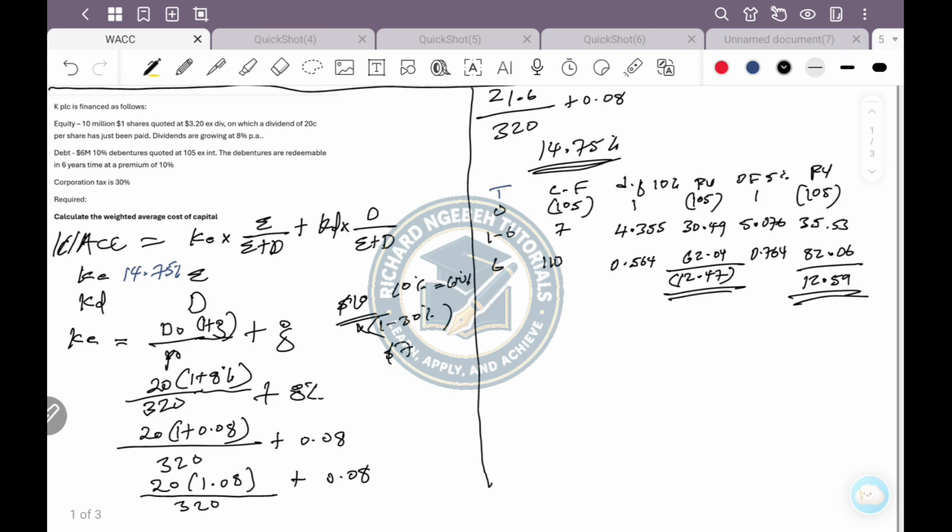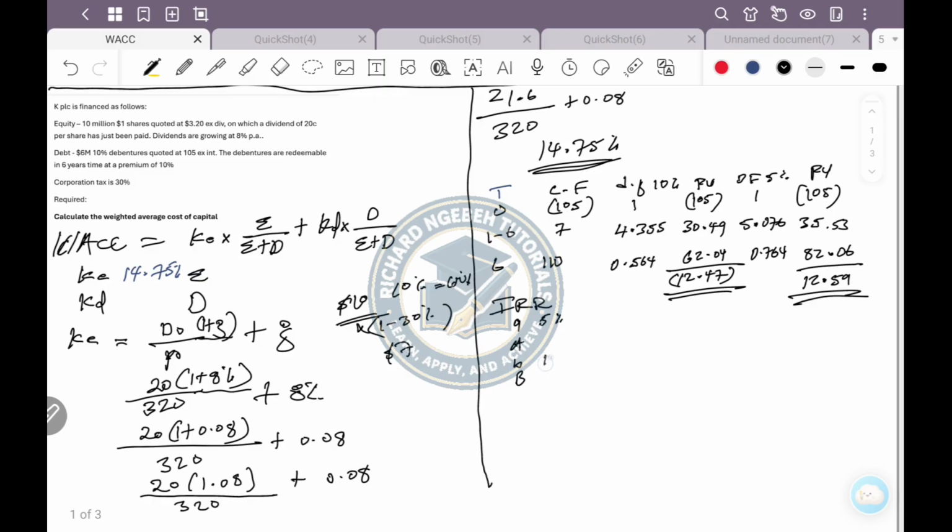So you need to solve for your internal rate of return, your IRR. Remember, you have A, you have B. What's your A? Your A is going to be the lower rate. What's the lower rate? Your lower rate is 5%.